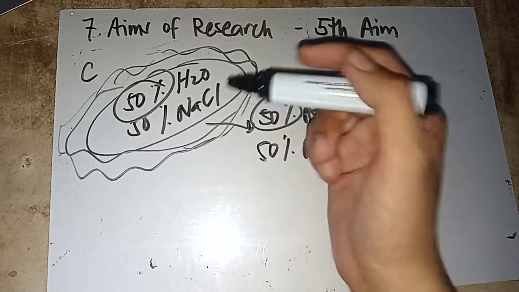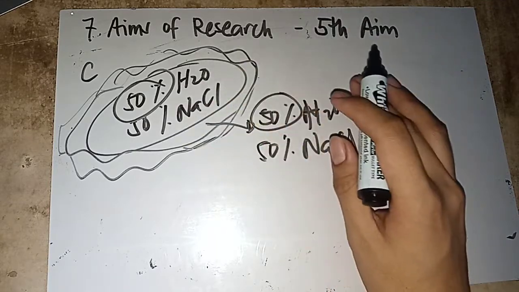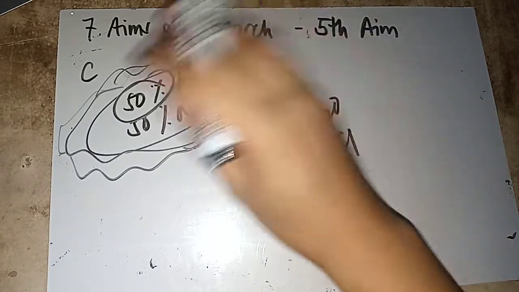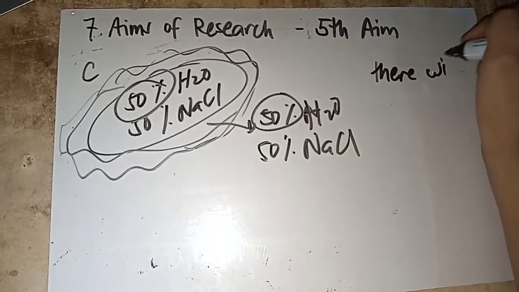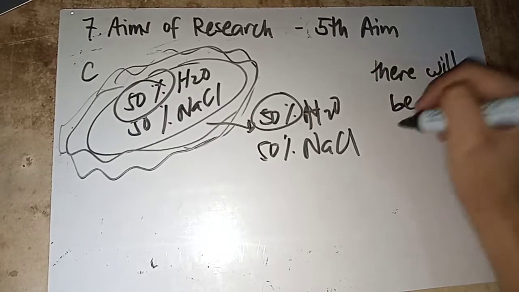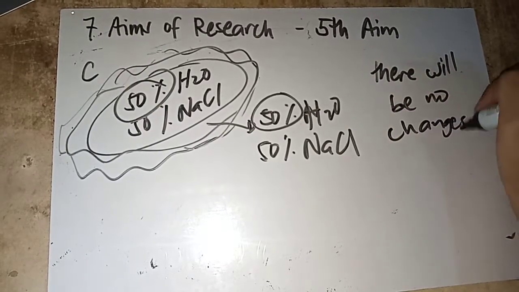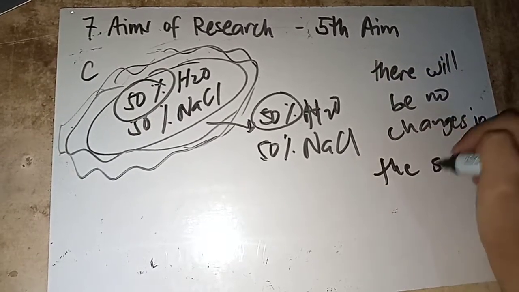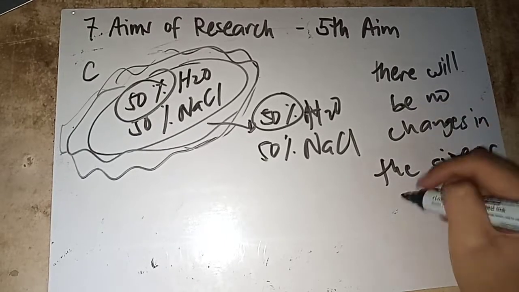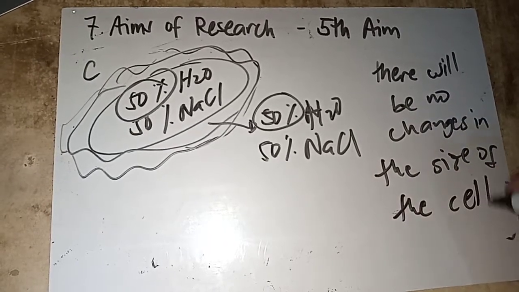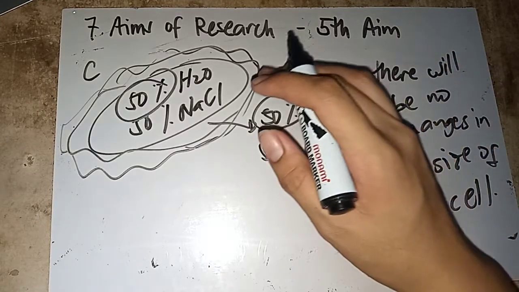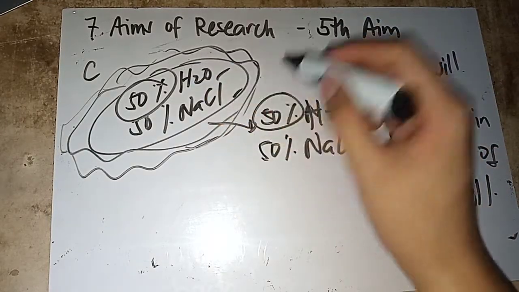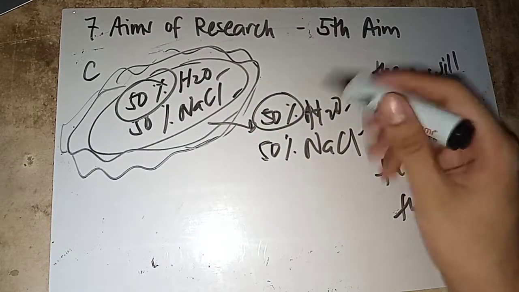So meaning to say, if there is an equal concentration of water inside and outside of the cell, there will be no changes in the size of the cell. Now, what do you call the solution when the concentration of water and salt is equal to the concentration of water and salt outside the cell?